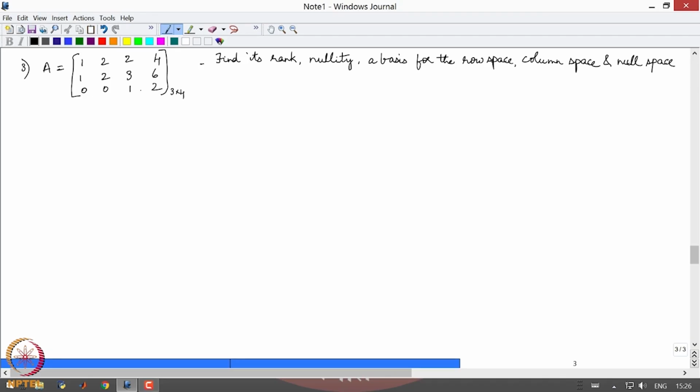But if you go to the second property, the leading entry in a given row should be present in the column next to the leading entry of the previous row, which means, if I take the leading entry in the second row, it is now present in the first column.